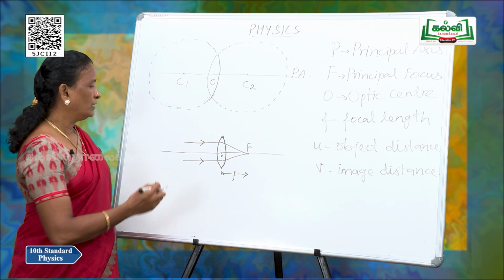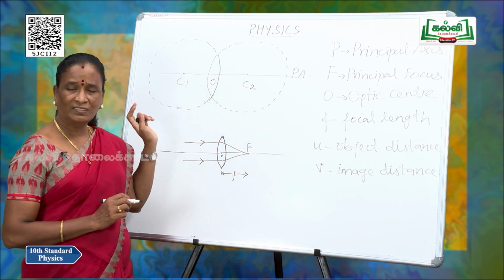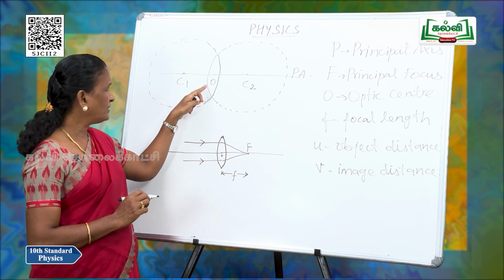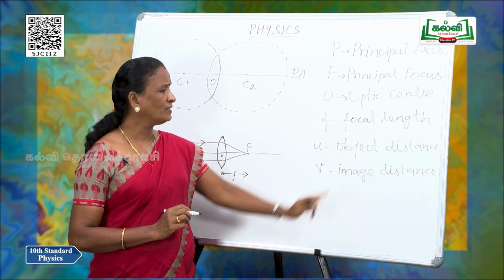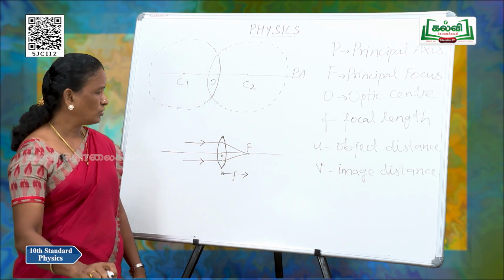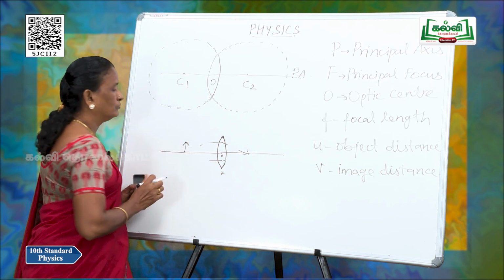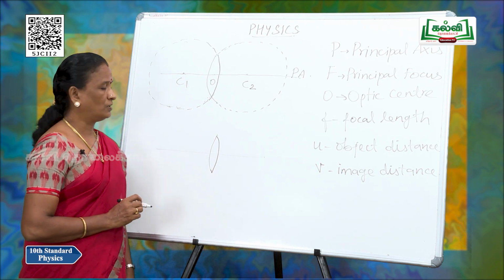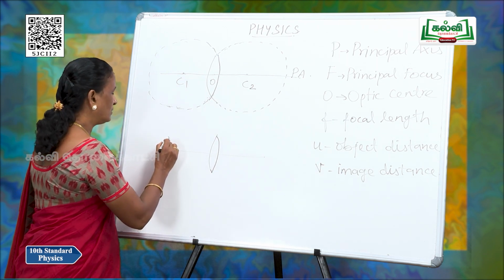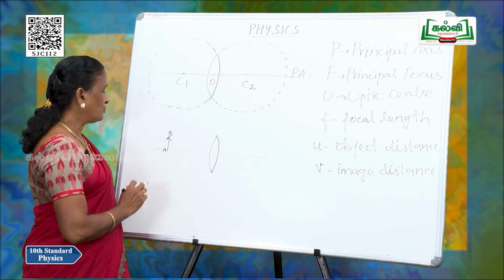Next, optic center, as I told you already, is the center of a concave lens or a convex lens. Next, u means object distance. Suppose we place the object anywhere before the lens. We keep the object AB on the principal axis.